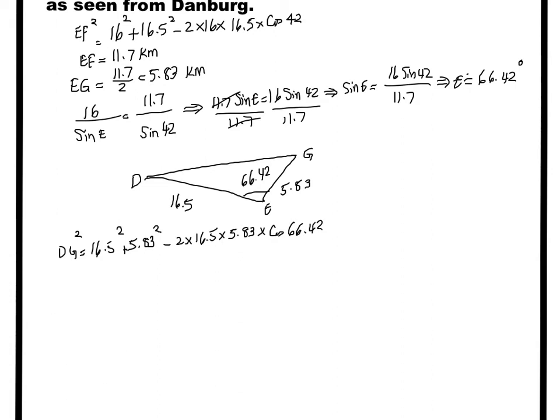If we take the square root of both sides and simplify the right hand side, we get that DG is approximately equal to 15.1 kilometers.